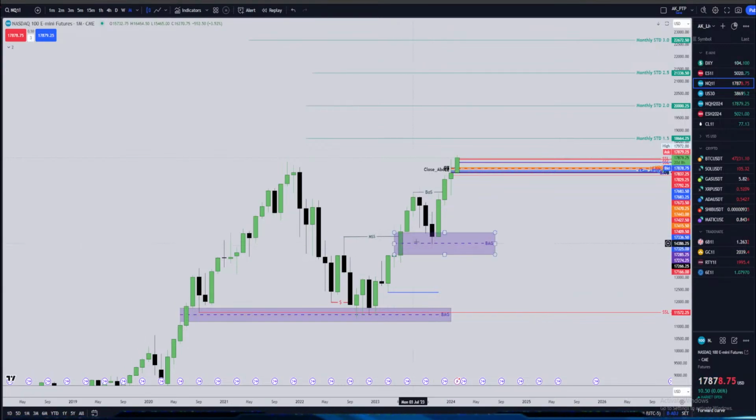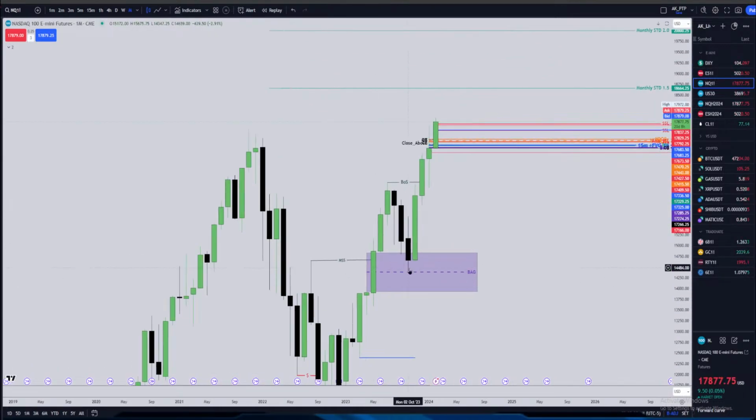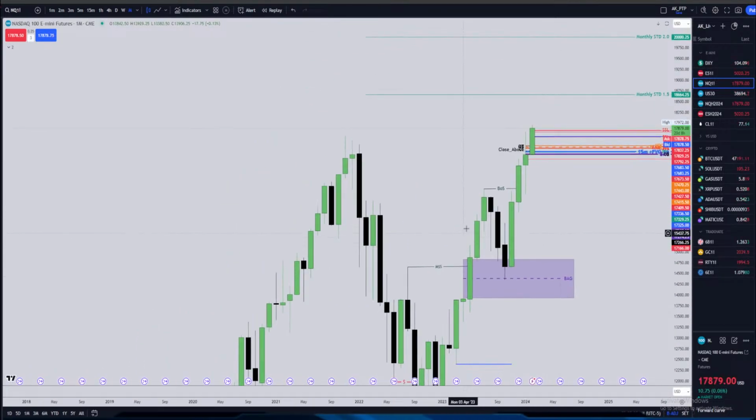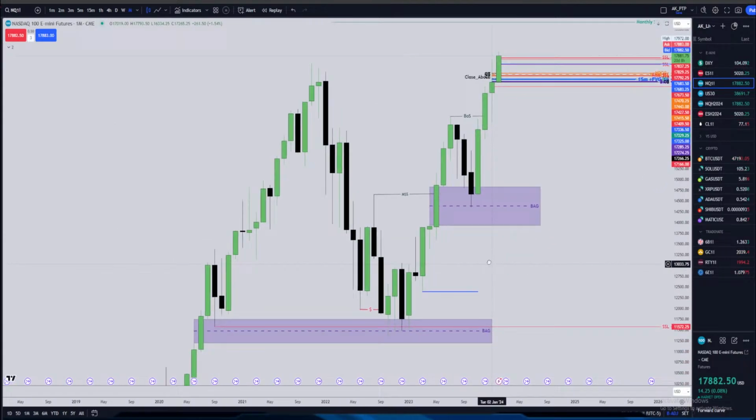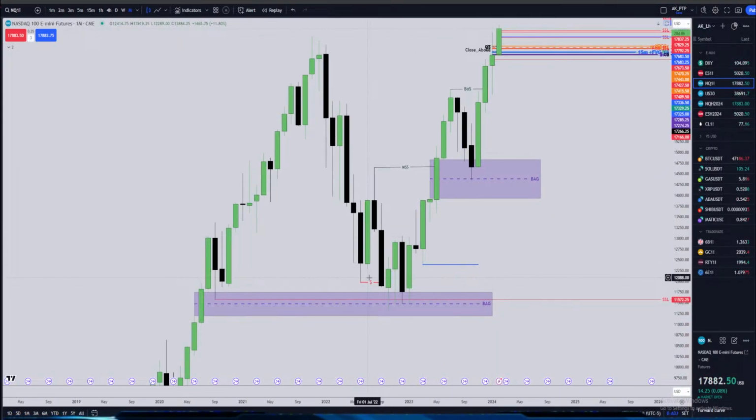Because there is no swing low around this area that market came to take the liquidity from on the monthly level. Every low, every high has a huge amount of liquidity, don't get me wrong, but what I'm saying is there is no clean swing low like this or this, anything like this, on this specific area.